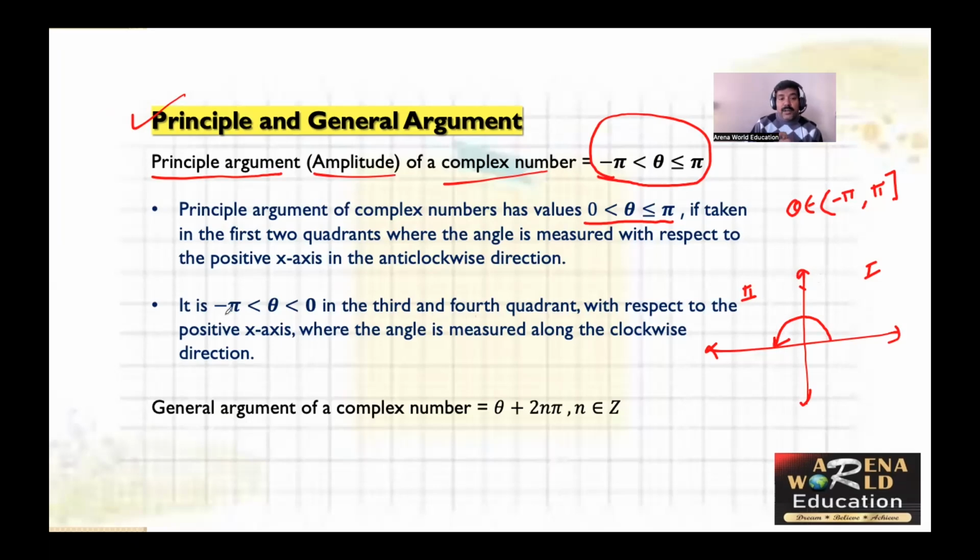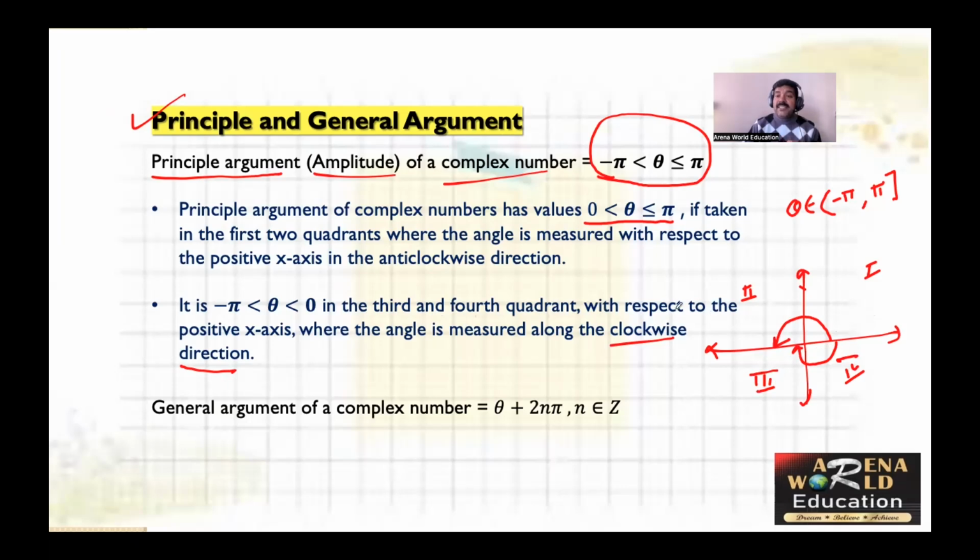Look at this one. It is minus pi to 0. When it comes to the third and fourth quadrants, we will measure the argument in this way, because it is measured in the clockwise direction. So if it is in the third and fourth quadrants, then the principal argument will be negative.